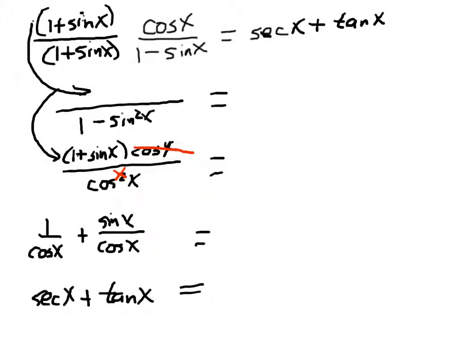Now I think there's probably several other ways through that particular identity, but my whole goal was to show you how to multiply by a factor of 1 or a fraction of 1 to change the form of one side of your equation. Alright, let's go on to an additional one.